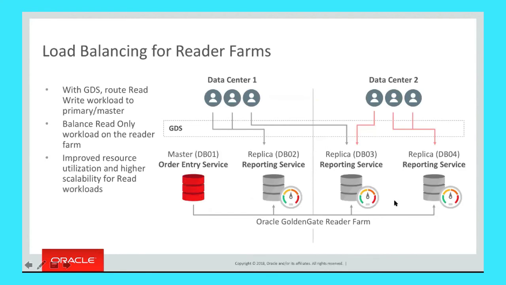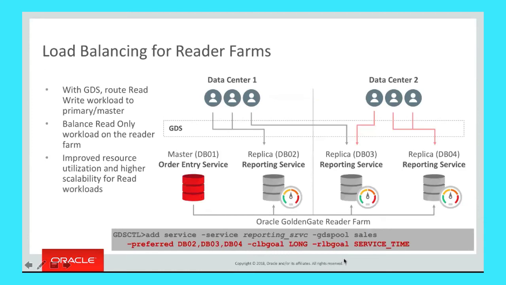So my goal is to have load balancing for my read-only workload that's being offered on the reader farm here, right? To achieve that, I create a special service, in this example a reporting service, offered on databases DB02, 3, and 4, these 3 databases.